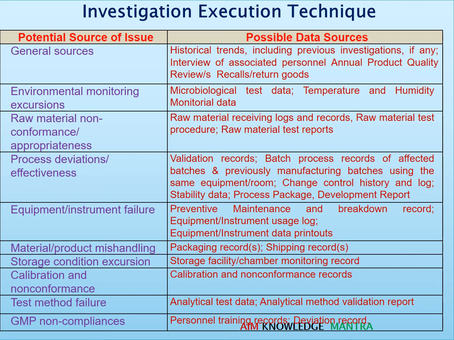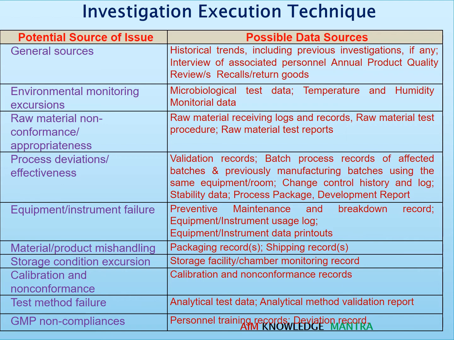Process deviations/effectiveness: validation records, batch process records of affected batches and previously manufactured batches using the same equipment/room, change control history and log, stability data, process package, development report. Equipment, instrument failure: preventive maintenance and breakdown record, equipment/instrument usage log, equipment/instrument data printouts.